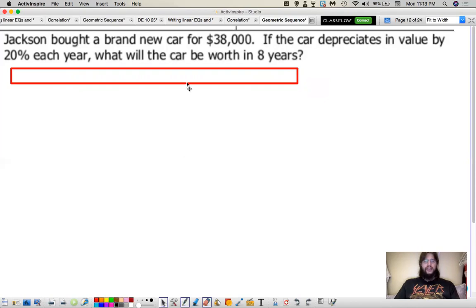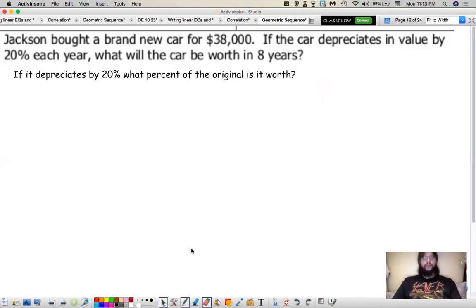It's going to be left with 80%, right? So our common ratio is 80% or just 0.8. Because after the first year, it's going to depreciate by 20%.